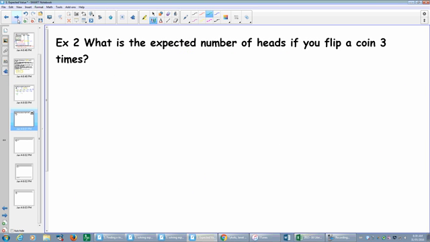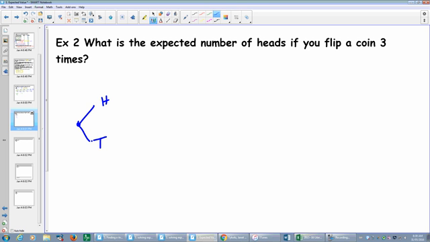Okay, what is the expected number of heads if you flip a coin 3 times? In order for me to do this, I'm going to draw a tree diagram to demonstrate what can happen because I need that information. So on my first flip, I can have a head or a tails.